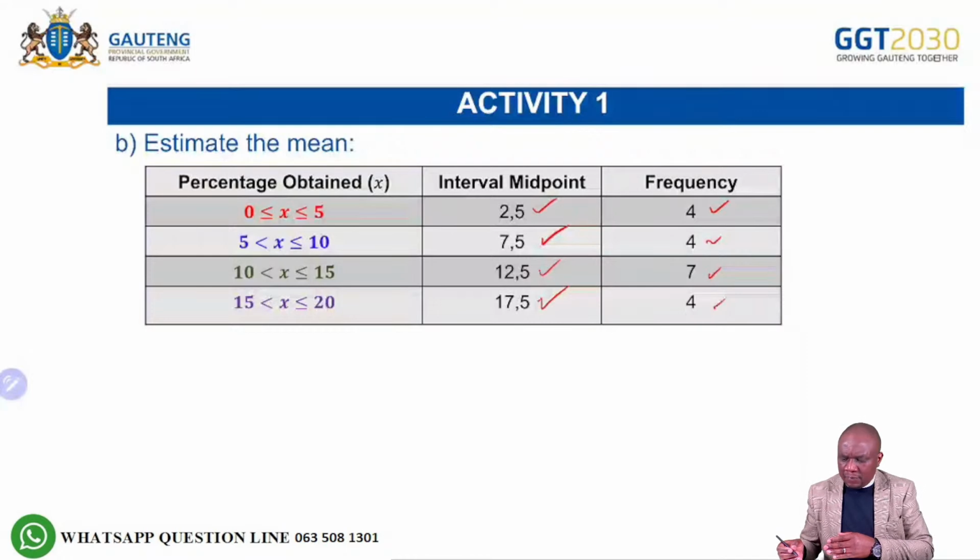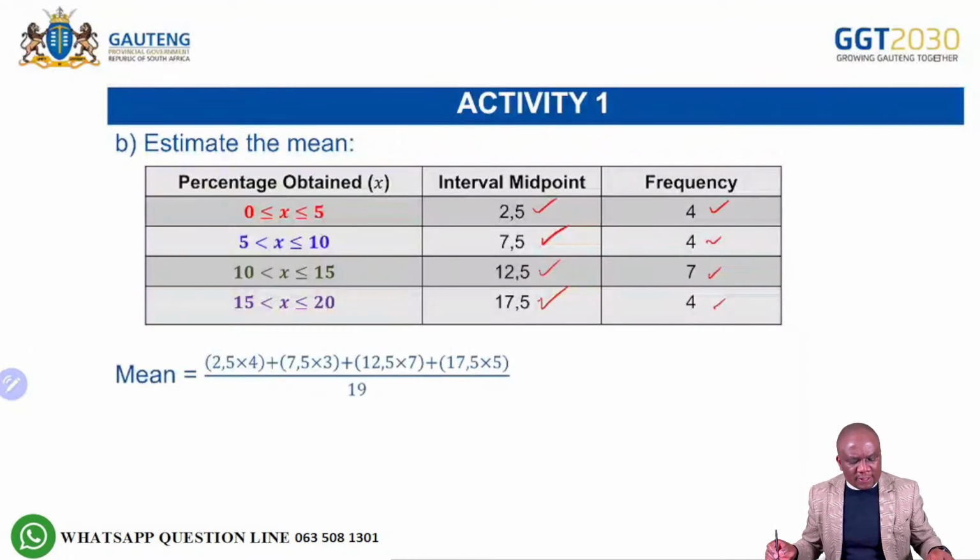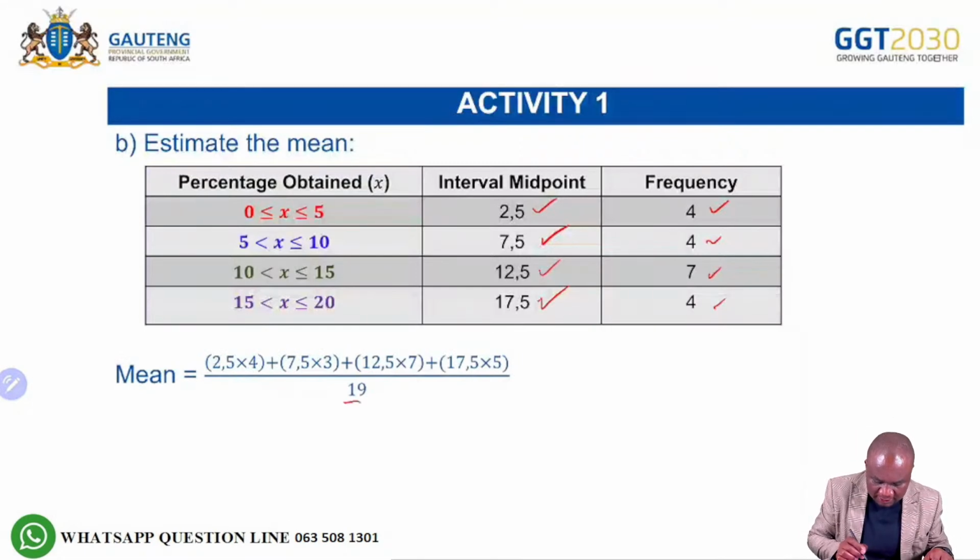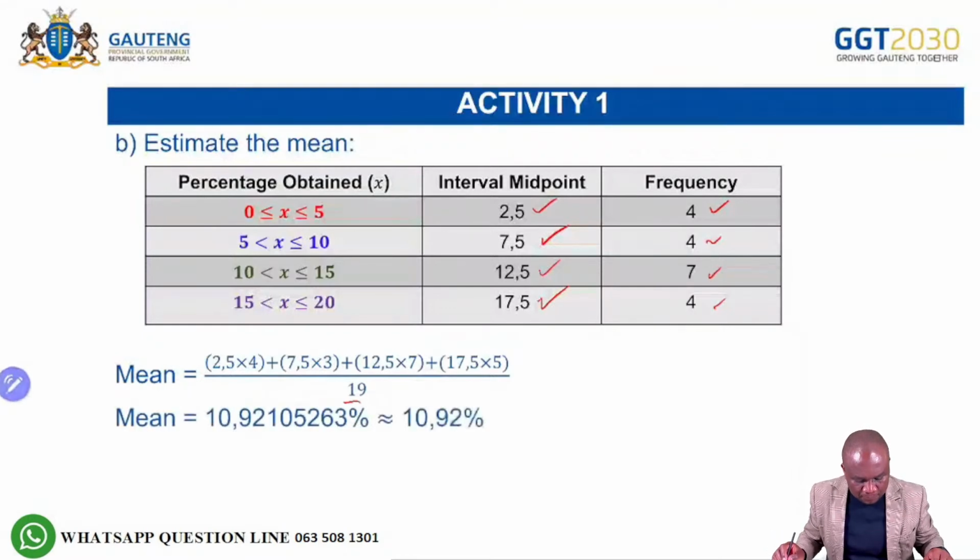You can have that, but you can also have it like this. It's still fine. And then there were 19 people there, so we divide by 19, and we put this in the calculator. What do we get? We get 10,92%, which is our mean. We've estimated the mean. Let me give you 1 minute to make corrections.